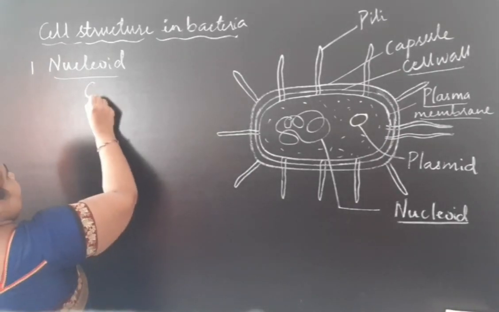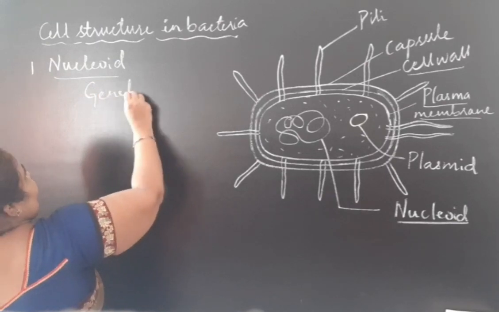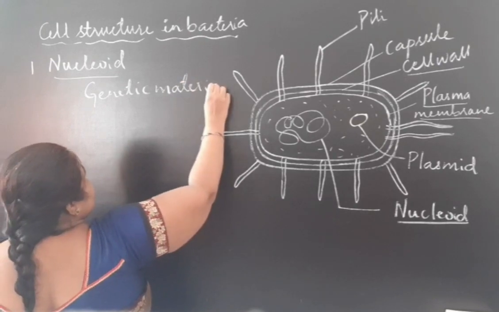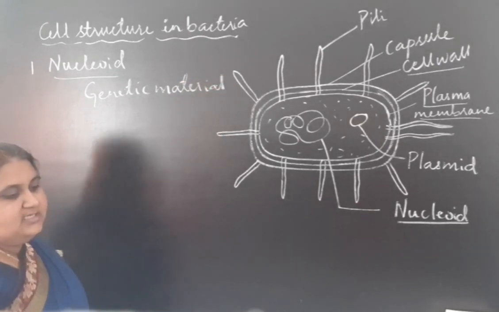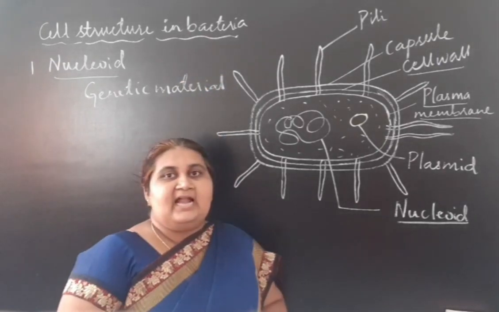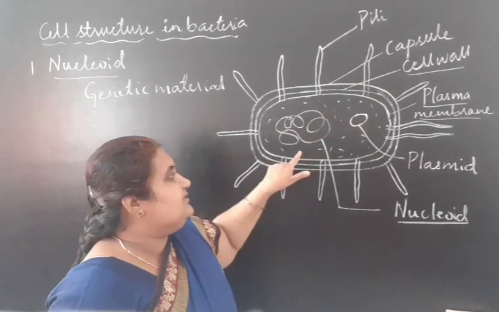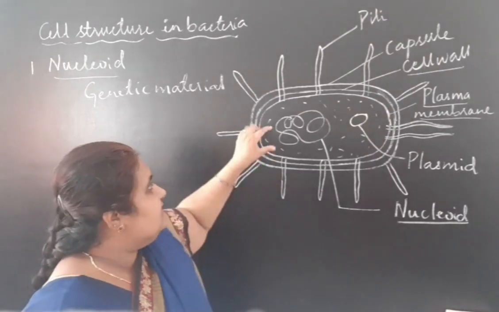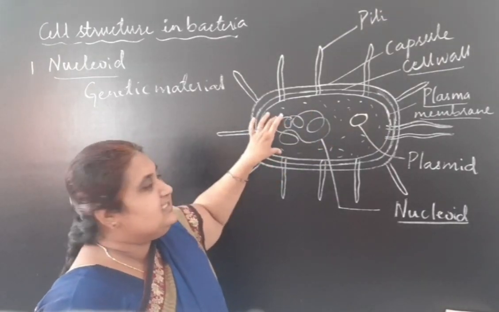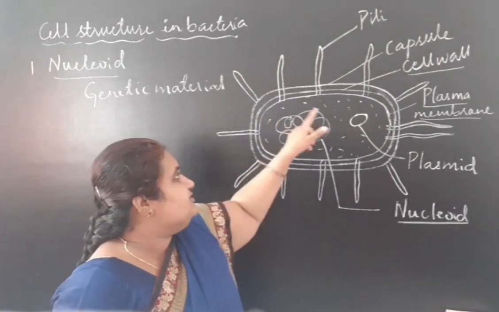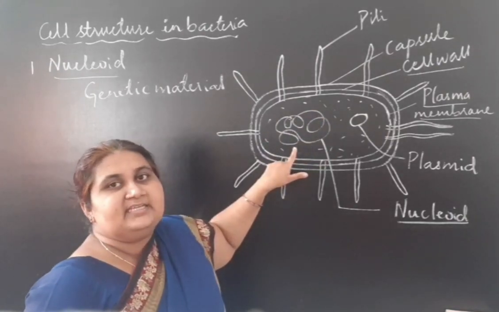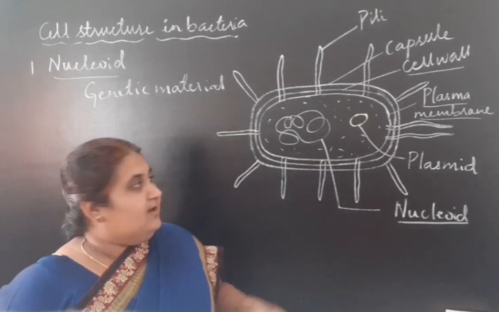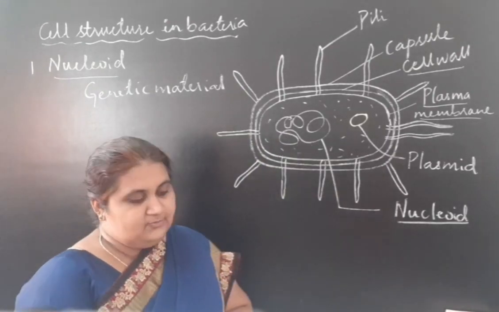Nucleoid is the genetic material, that is DNA, bacterial DNA, which is coiled and directly found in the cytoplasm. Because there is no distinct nucleus due to the absence of nuclear membrane, the genetic material seems to be found in the cytoplasm. So that is called nucleoid.